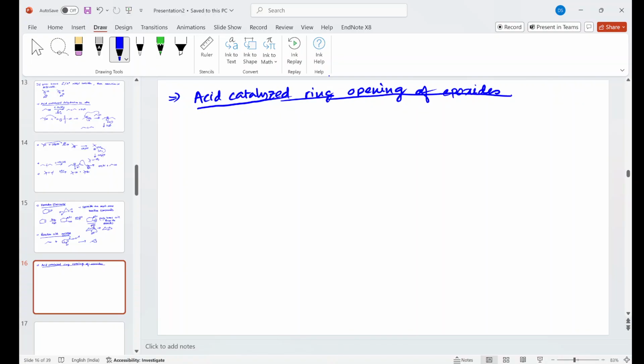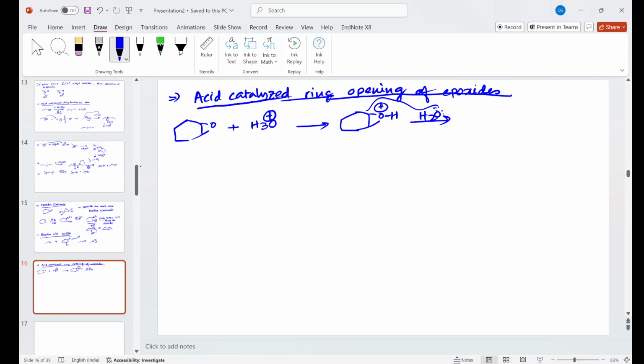Okay, ring opening. What you can do, if you have the simplest epoxide here, you can use acid, any acid. Okay, and it will take up the proton with a positive charge, and then water can attack here.